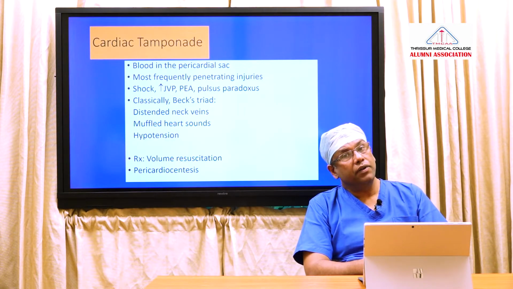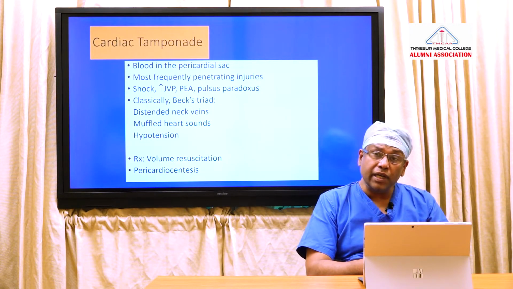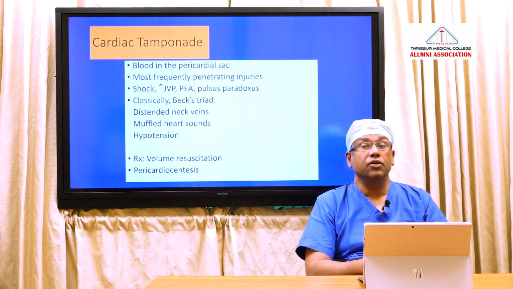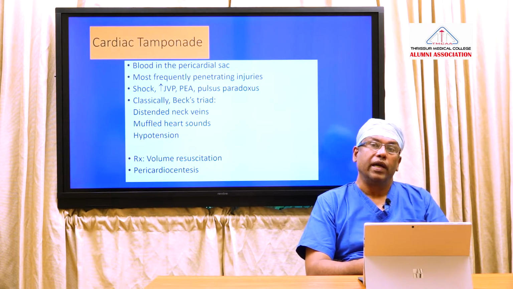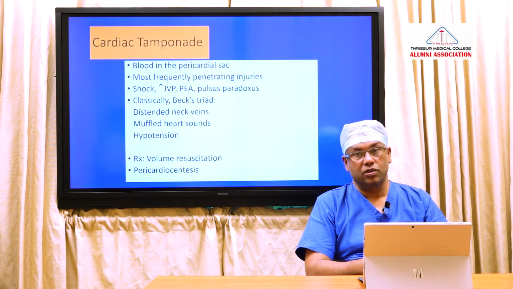And what is the diagnostic investigation of choice? The diagnostic investigation of choice for a pericardial tamponade is a 2D echo. Once you do that and confirm there is pericardial fluid, the most important treatment is an emergency pericardiocentesis.